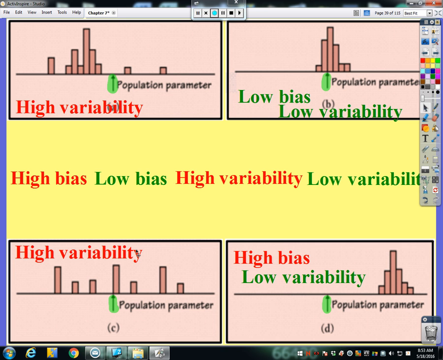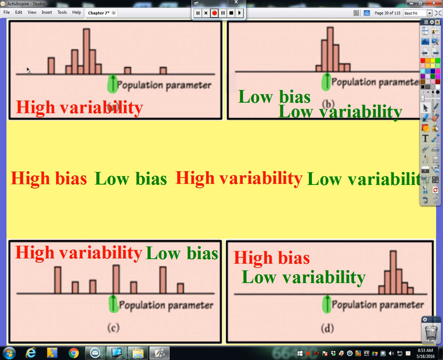Now, which one has high bias and which one has low bias? Well, I can tell this distribution right here, even though it's really spread out, it's spread out right over the arrow. So in the end, this has low bias technically because we're hitting the target of the population parameter, but we're spread out all around it.